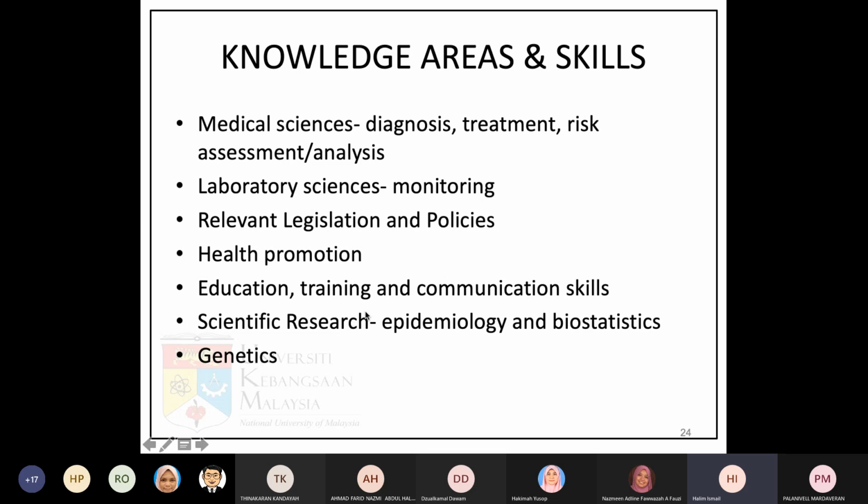So sometimes you need to do research and statistics, right? Yeah. And you need to have some knowledge area on genetics as well. Especially kalau you decide to do a screening program involving genetic screening and so on and so forth, so you need to have knowledge on that area as well. Okay.